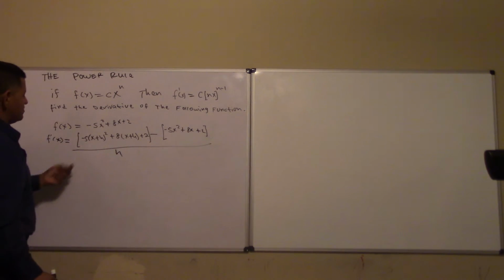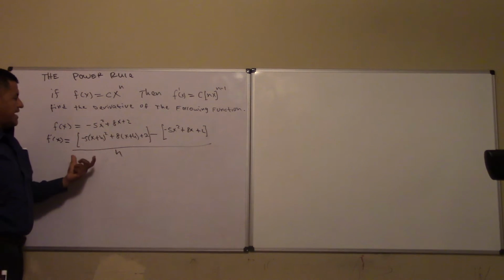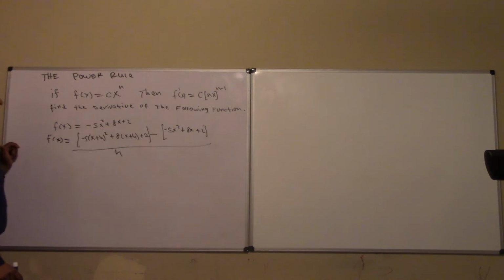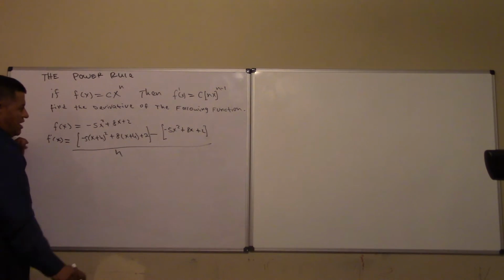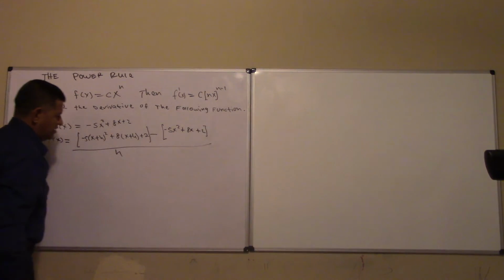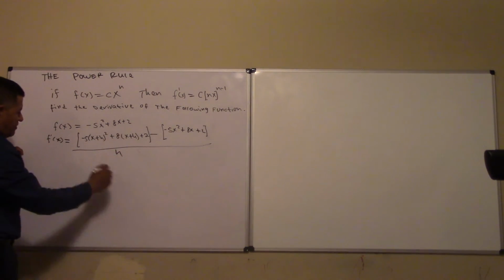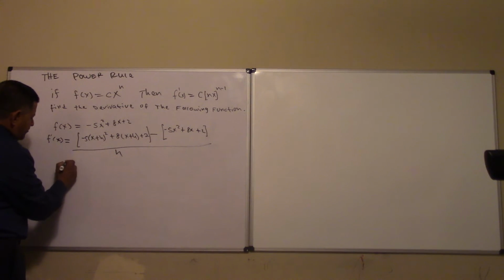When I do the mathematics here, I will get something that will cancel some of these numbers. That is the whole goal. So what I'm going to do is distribute.